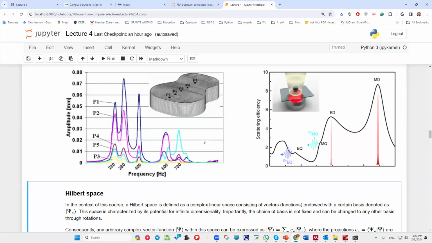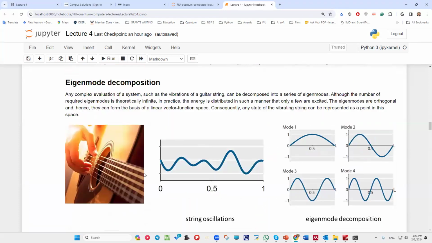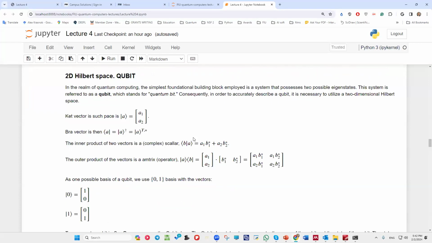The system, of course, is like this guitar string that can, for example, exist in these four different eigenmodes, but in reality it is presented in a superposition of these four eigenmodes. So now our qubit, which is characterized by two eigenstates, or eigenmodes, can exist in any superposition of these two eigenmodes.